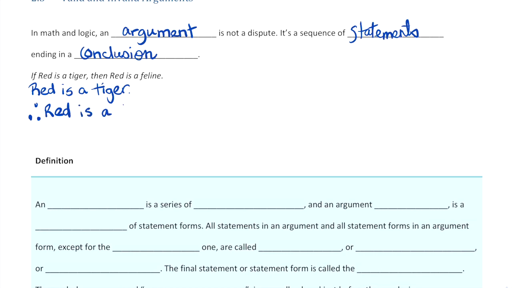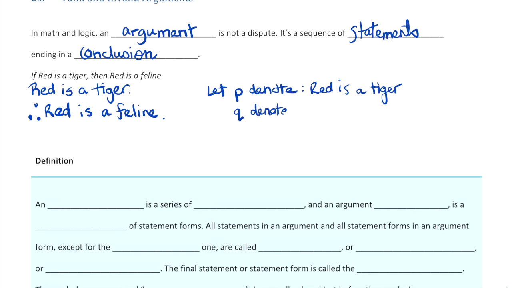We're not going to go into it too much in depth right now, but we'll take a look at it a little bit later. So here, let P denote red is a tiger, and we can let Q denote red is a feline.